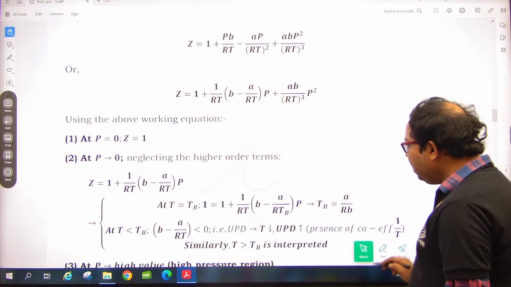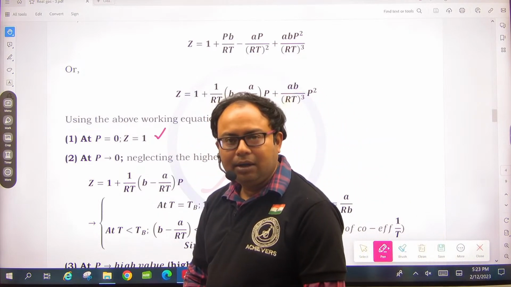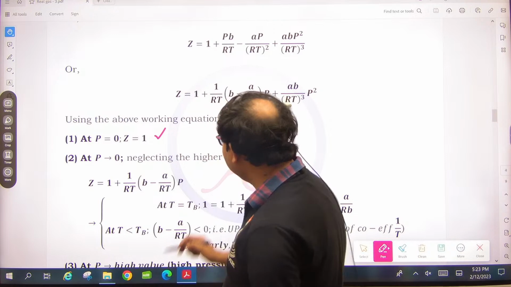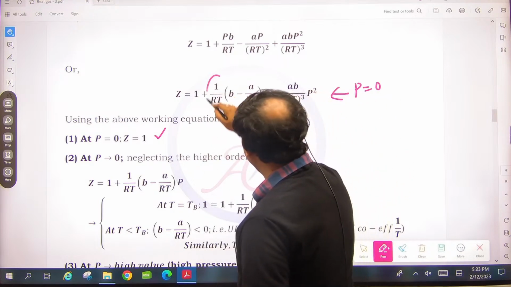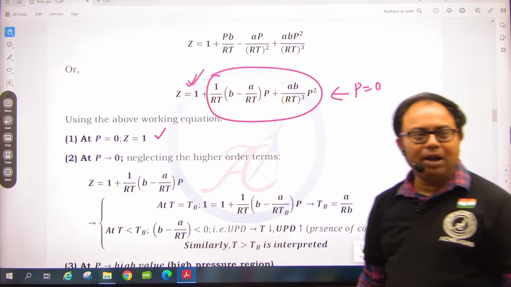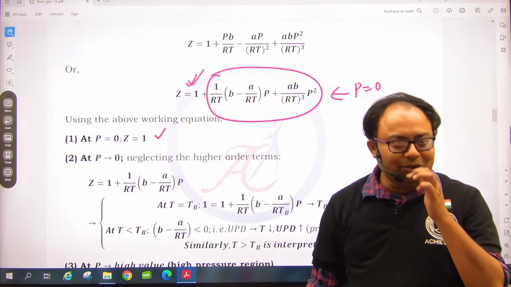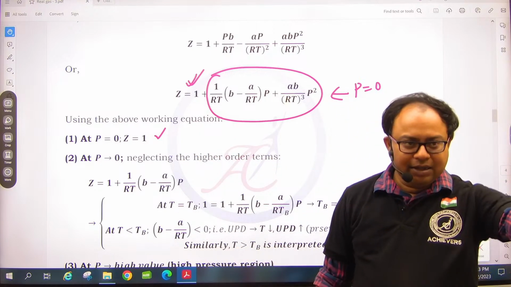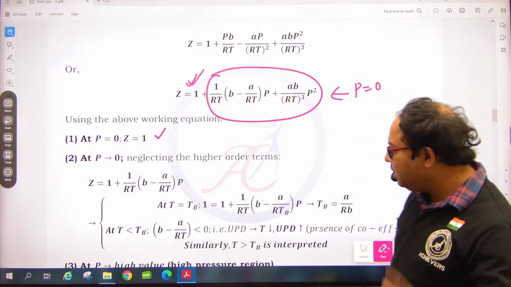So at P equal to 0, Z is 1. Can you explain it? Obviously. If you put P equal to 0 in this equation, what will you get? All these terms will vanish and Z is just becoming equal to 1. So you can explain at P equal to 0, Z is 1. It is very much explained from the Van der Waals equation of state.